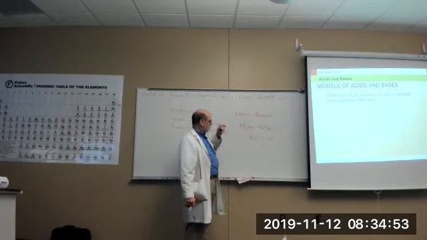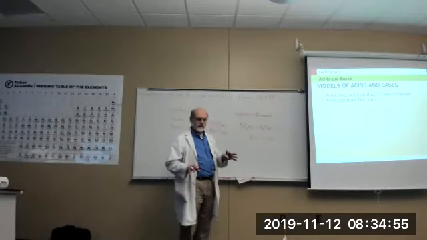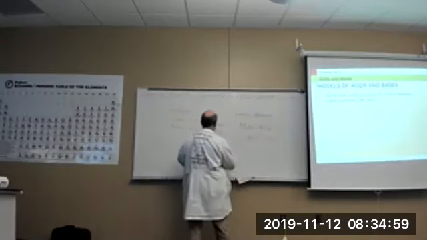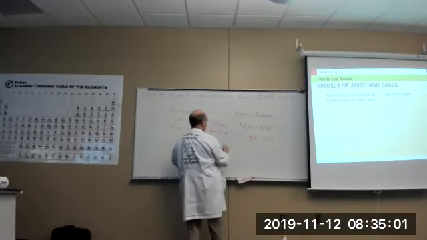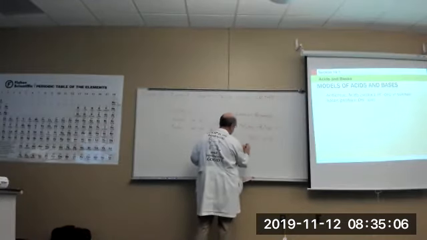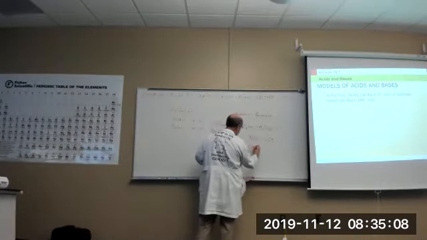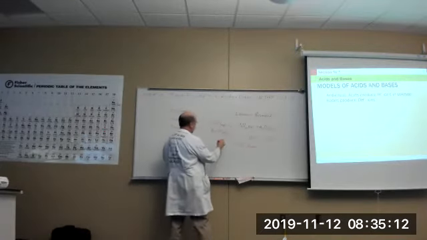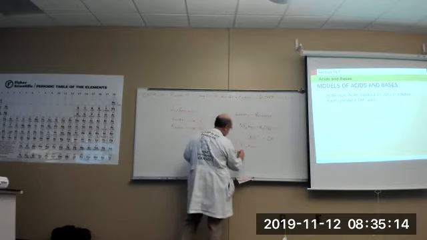So they modified the definition for acids and bases to say that an acid, according to Lowry and Bronsted, was a proton donor. Anything that can donate a proton. And a base was a proton acceptor.